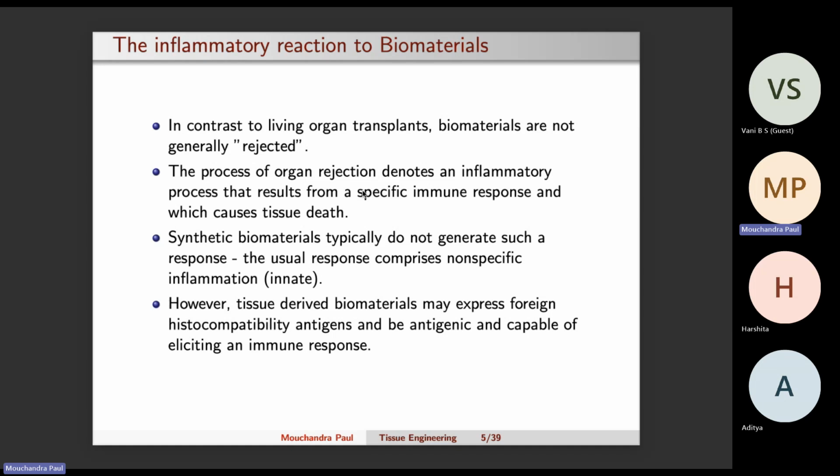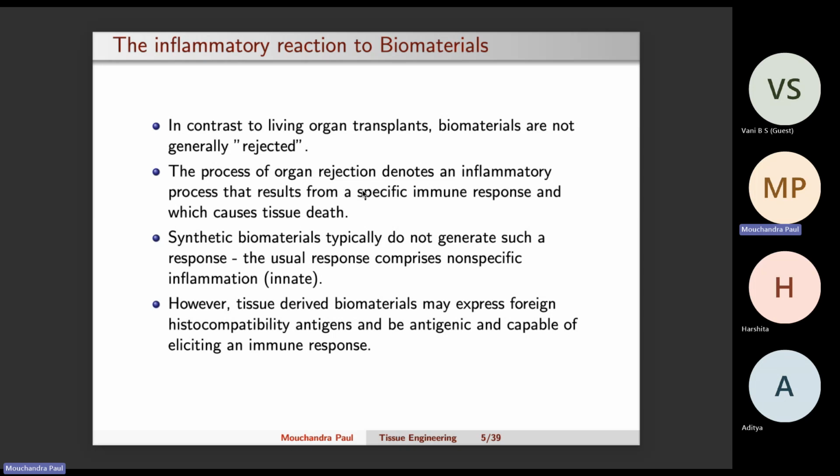But when you're using tissue engineering constructs containing biomaterials, or just a biomaterial scaffold, or an implant which is made up of biocompatible metal, etc., in those cases our body elicits a non-specific immune response, that is, an innate immune response.